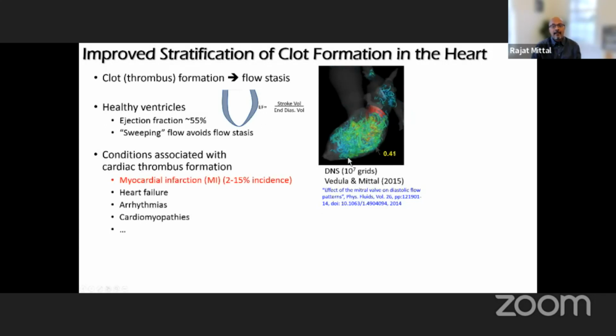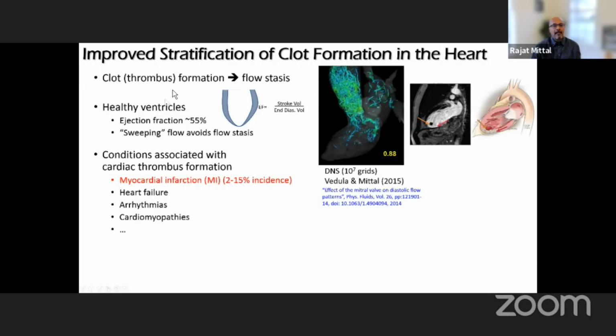If the heart is damaged due to myocardial infarction, for instance a heart attack, or heart failure, or arrhythmias, or any other disease, then typically the ejection fraction reduces, the heart pumps slower and slower, and because of that you end up with stagnant flow inside the heart. Because of stagnation, a patient might end up with a blood clot forming inside the heart. We're showing here patients with a blood clot.